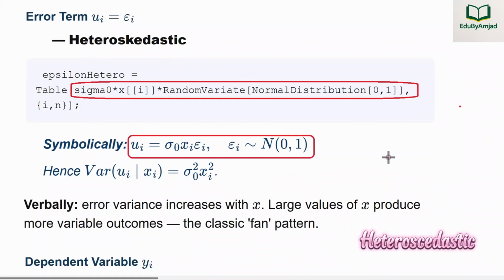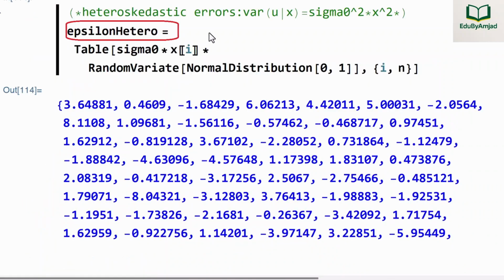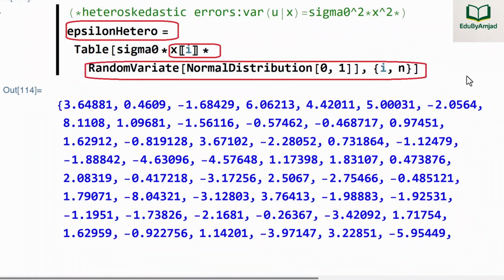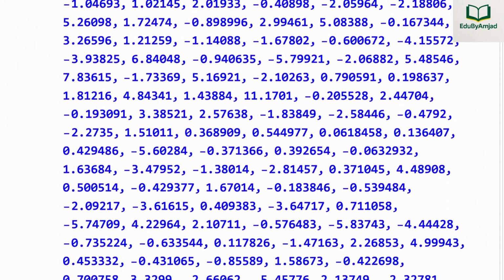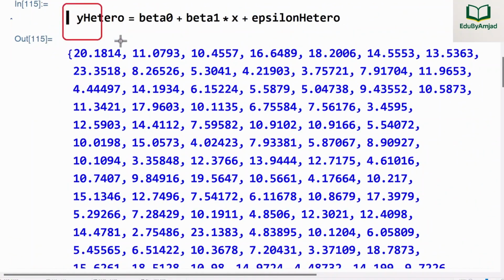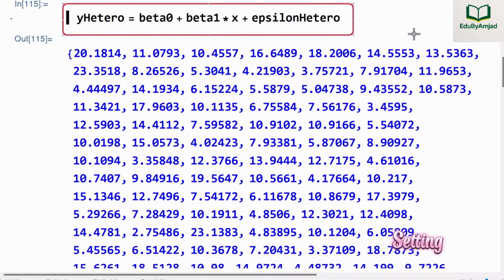The heteroskedastic error, or epsilon hetero, is a product of the independent variable x and random noise drawn from a normal distribution. By setting beta 0 to 2 and beta 1 to 1.5, and using the heteroskedastic error term, we generate 200 observations of the dependent variable y hetero.